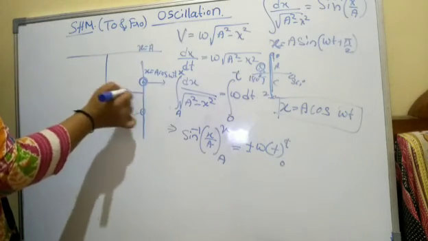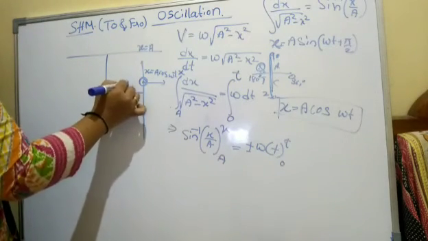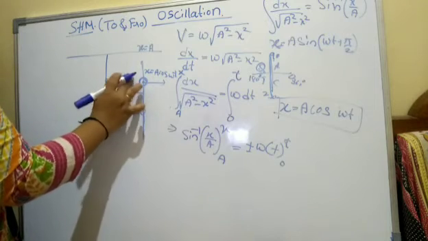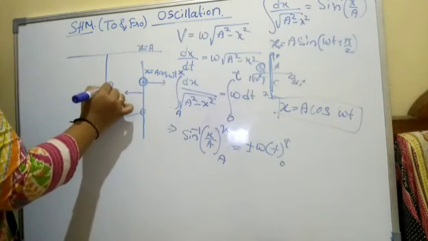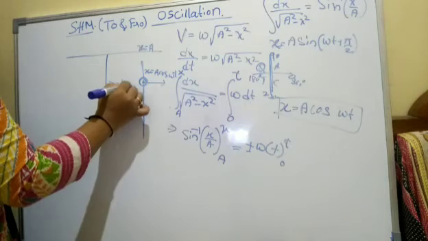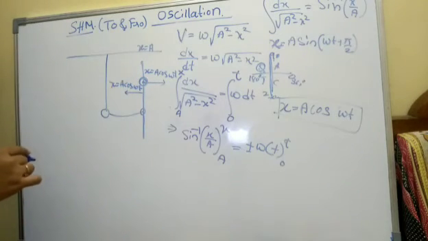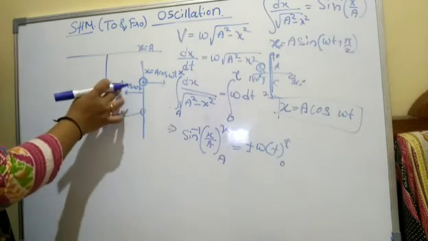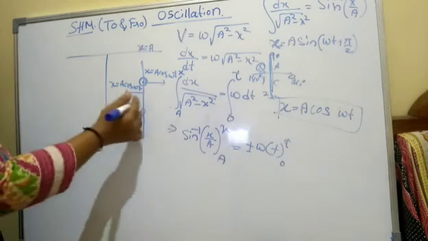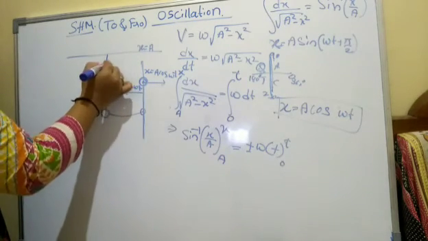So when it is moving in this direction, that time also x is equal to a cos omega t here, right? This is a cos omega t. Why?